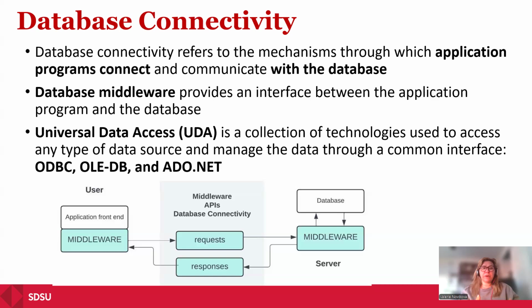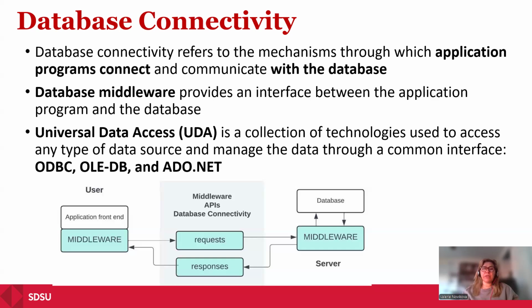So when it comes to database access, we have three different common interfaces on how to get data from the database, and those include ODBC, OLE DB and ADO.NET. There's also JDBC, but JDBC is specific for Java, and it functions almost like ODBC, but for Java applications.